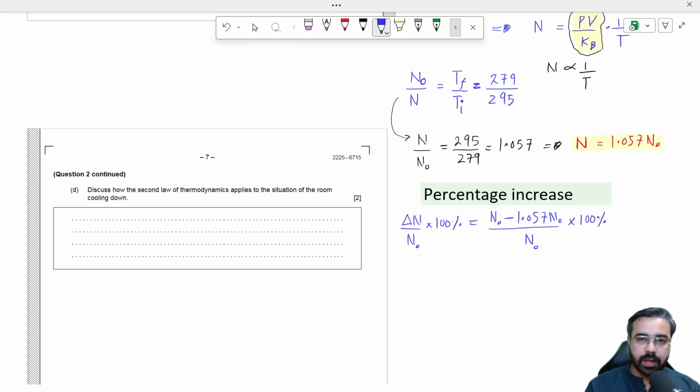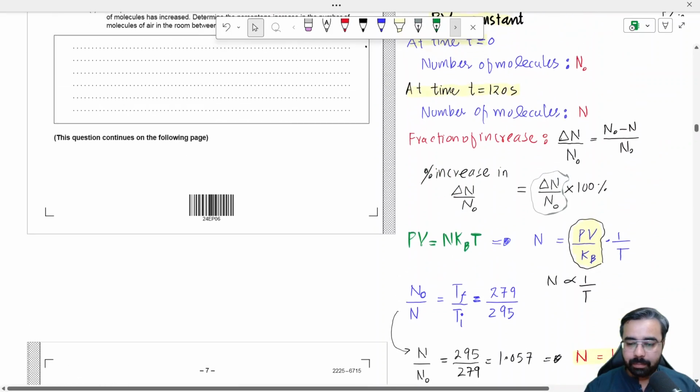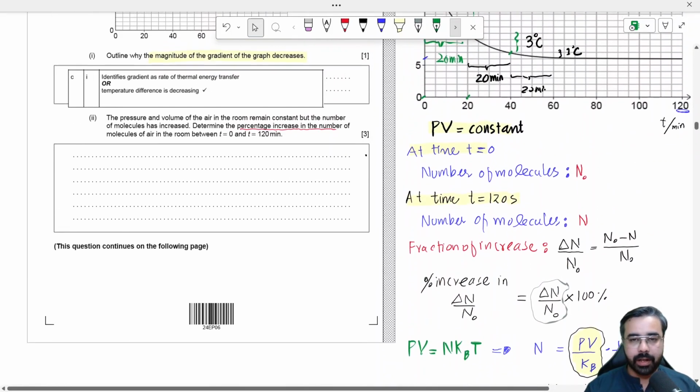You can cancel this n0, because that is a numerator and denominator. You can cancel it out. And in fact, it will be 0.057 n0 over n0. So that is finally, students, 5.7%.